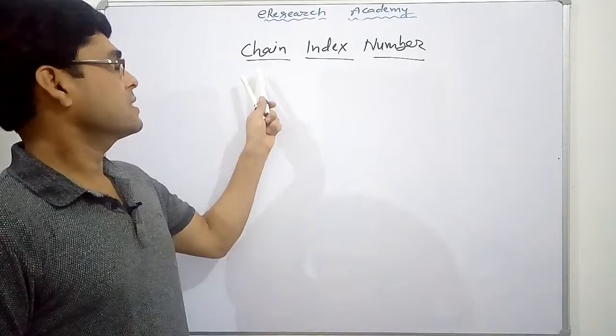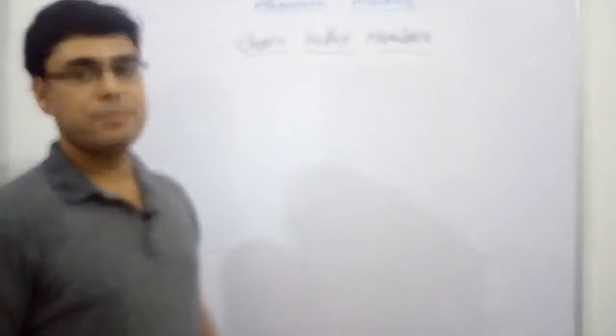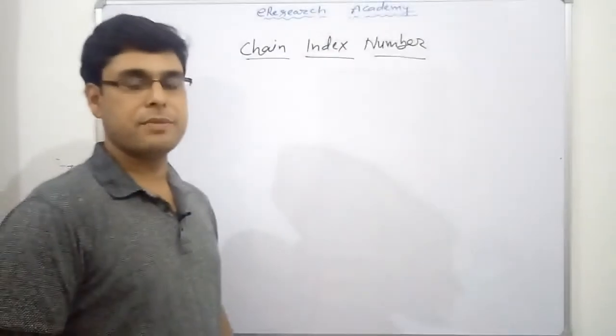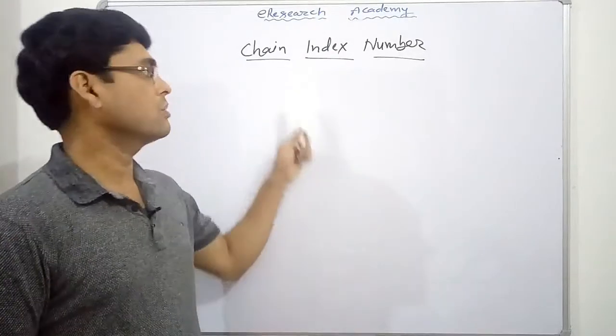So friends, today we are going to discuss a topic that is chain index number. As of now we have discussed so many topics on index numbers and most of these were based on the fixed base.